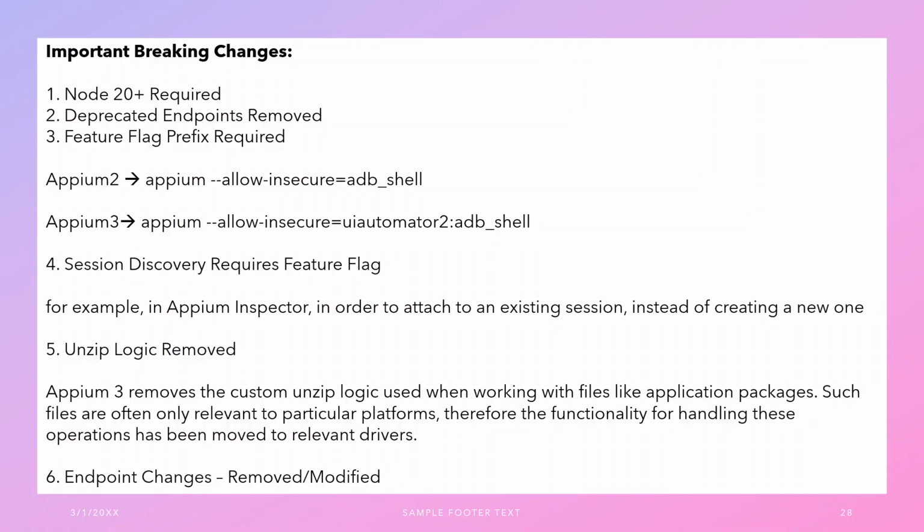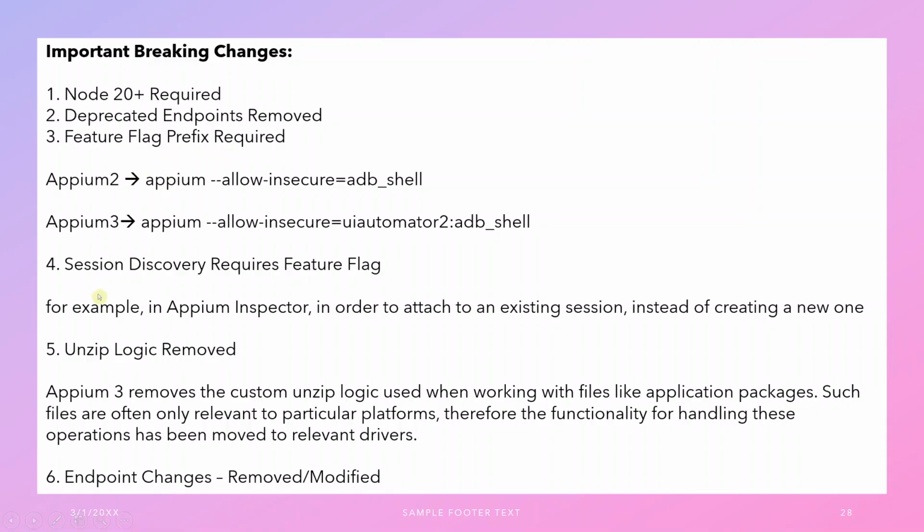So if you compare these two commands, in APM2, if I say apm --allow-insecure=adb_shell, it automatically enables it for all the drivers. But in APM3, I need to provide the driver name also: uiautomator2:adb_shell. This is the feature flag prefix requirement. Okay, this is one of the breaking changes.